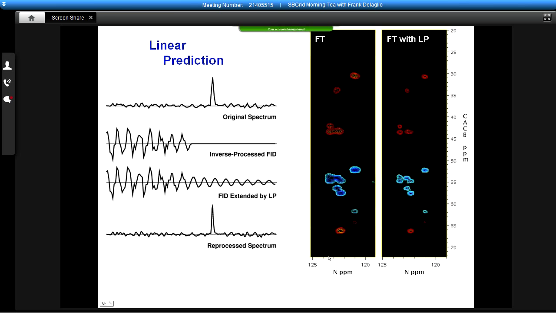This is a carbon-nitrogen plane from a CbCaNH. Here's the original experimental data. And here's what that data looks like when linear prediction is applied in both the nitrogen and carbon dimensions. So you can see we can reduce the line width in both dimensions here by a substantial amount, almost a factor of 2 in this particular case.